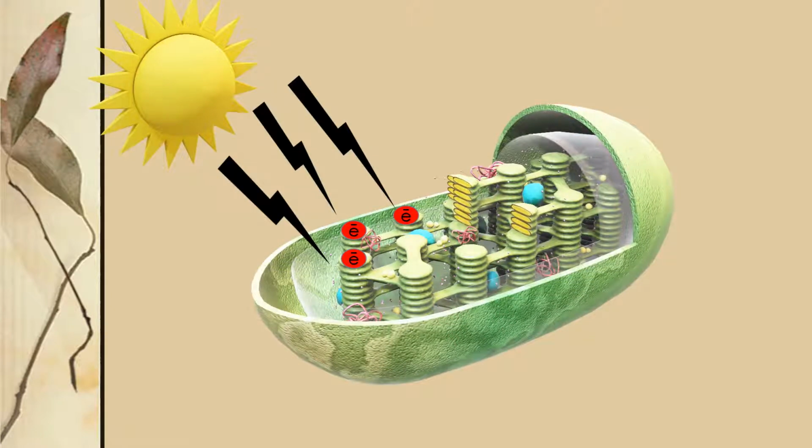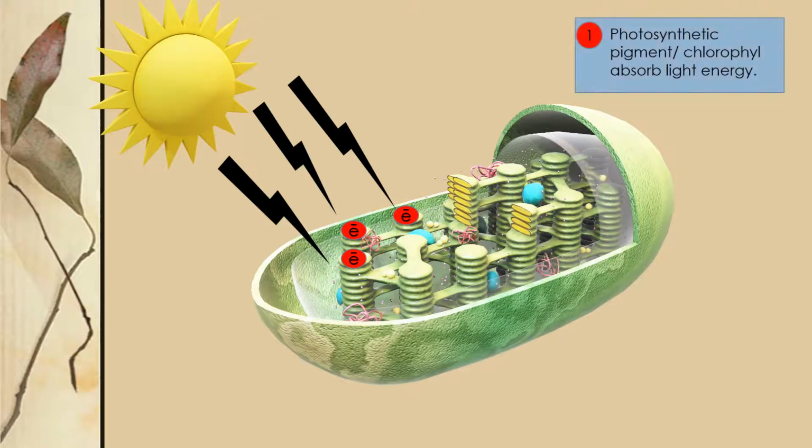So here, of course, when we have sunlight, it's the light dependent reaction. The thylakoid already has electrons. The photosynthetic pigment, chlorophyll, absorbs light energy from sunlight.